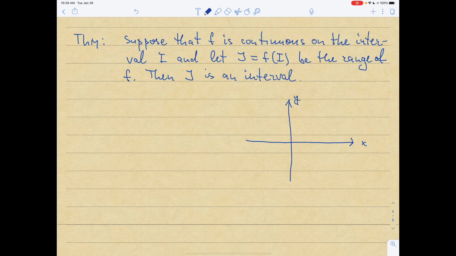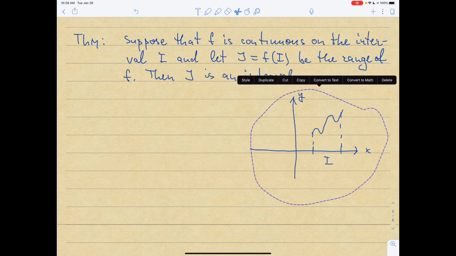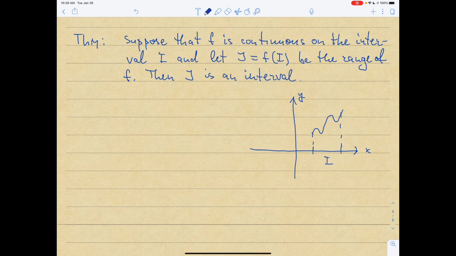Let's say that we're given an interval I, and we have a continuous function defined on I. Then the statement of the theorem basically says that if you look at the range of this function, because the function itself is continuous, so its graph has no breaks, then we expect that the range itself must be continuous, right?